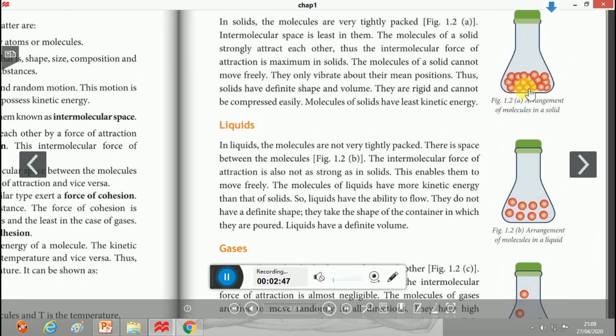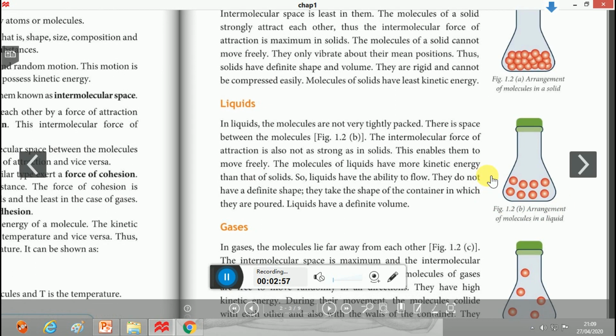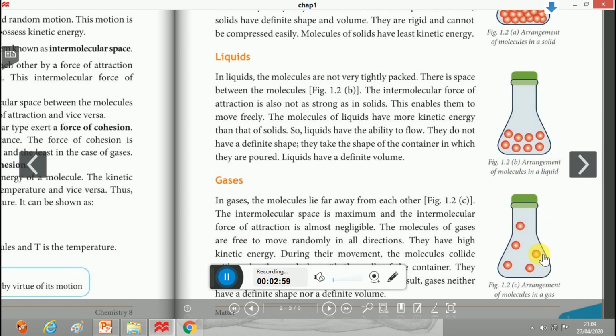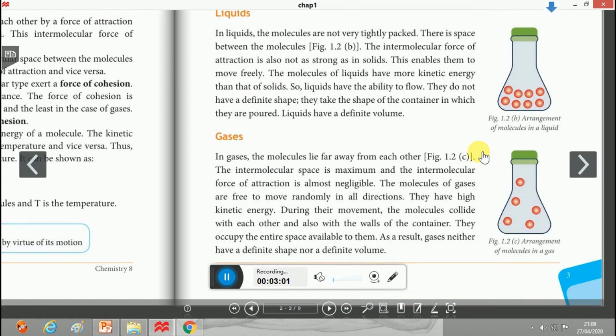Maximum intermolecular force of attraction for solids because of the closely packed structure. Intermediate intermolecular force of attraction exists between the molecules of liquids, and the least, negligible attractive force, exists in gaseous states.